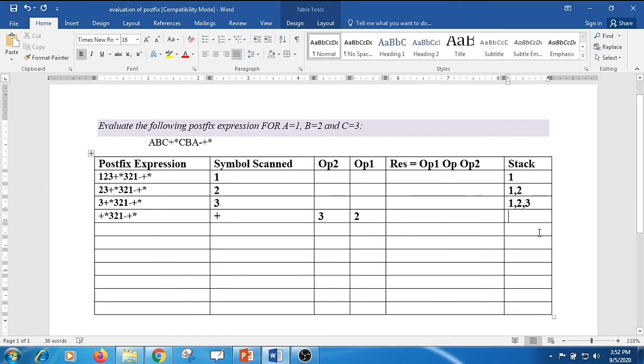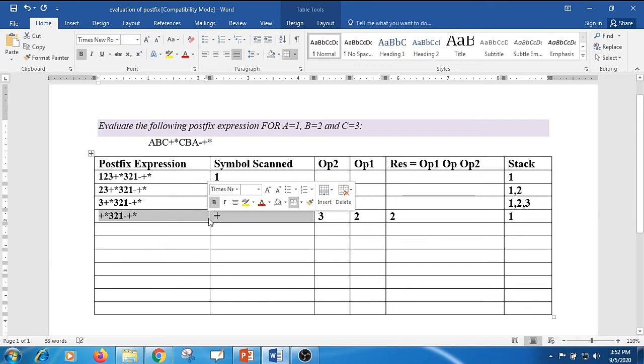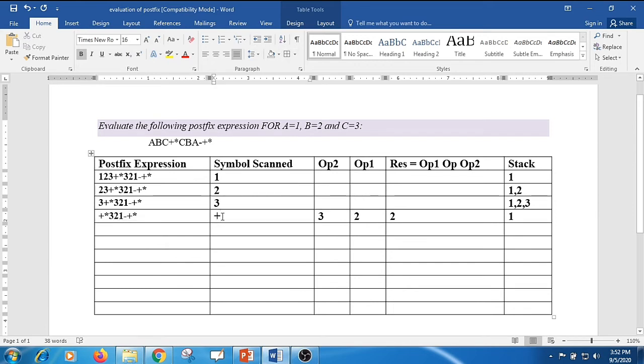Now the stack has only one element, 1. The result is OP1 operator OP2, that is 2 plus 3, which gives 5.